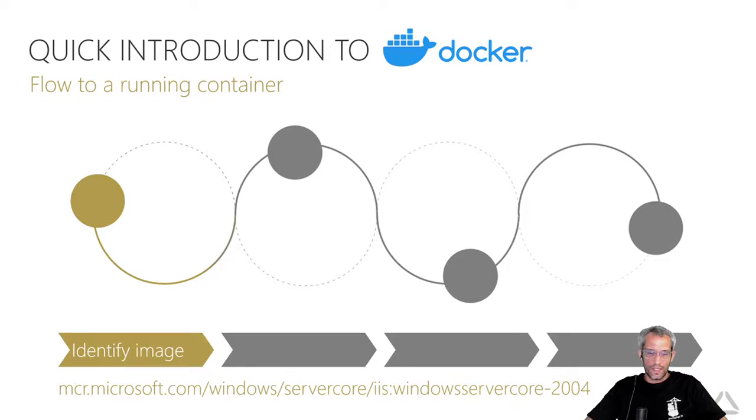You can see I'm pulling that one from a Microsoft registry, looking at a Windows Server Core image. That one has the name IIS, and then behind the colon, you can see windowsservercore-2004. That is the tag that I mentioned before, which gives you kind of the version. There are also different ways to version an image, and we will look into more of that as well. But for now, let's look at that one.